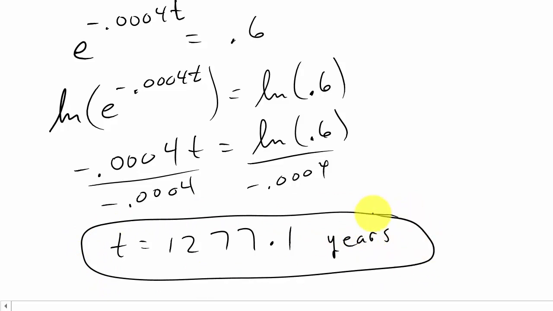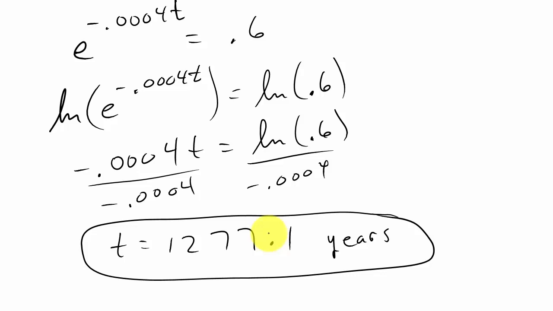Now, one thing we can do: does the answer make sense? That's how many years it takes for 60% to be left. So after this many years, 40% was gone, because it said 60% remaining.